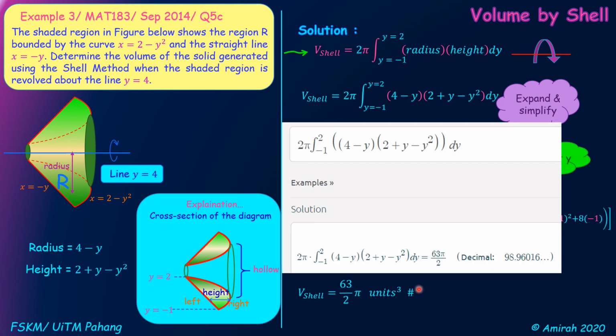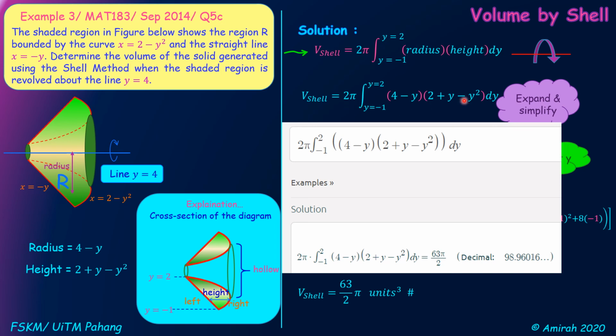We can check the answer using Symbolab. From this point, we have done setting up the formula of volume by shell. Set up here means we have substituted the radius, the height, and the lower and upper limits into the volume by shell formula.